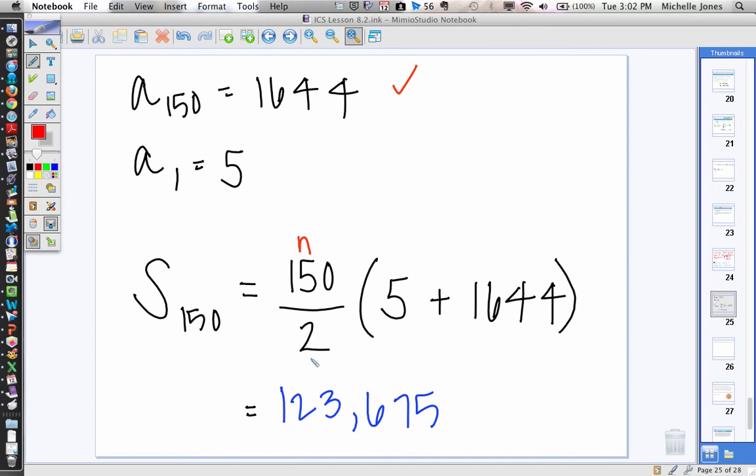So n is 150 divided by 2. You take your first term and add it to your last term, which in this case is a sub 150, and you get this amazing number right here. It's kind of fun. 123,675.